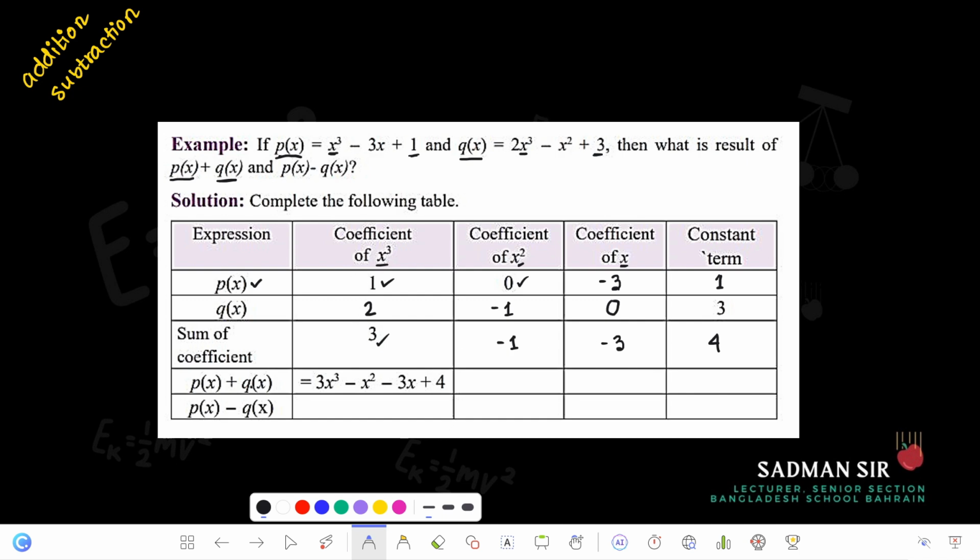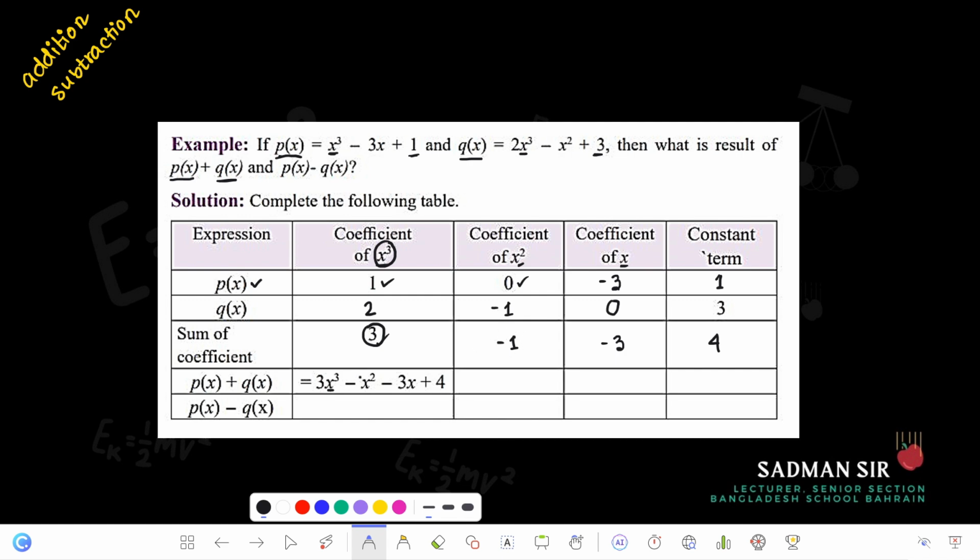So p of x plus q of x will be 3x cube. See what we will do: the coefficient of x cube, right? So x cube is there and the coefficient we have found to be 3 when we are adding them. 1 and 2 we are adding, so 3x cube. And then here you can see 0 and -1 are giving us -1.